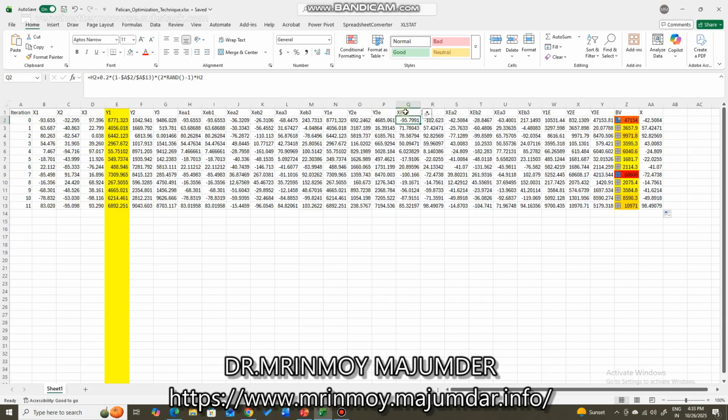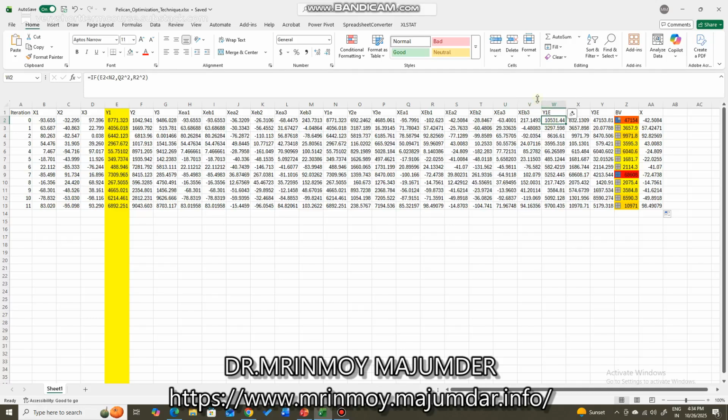Capital E is the exploitation phase, A is the first equation and 1 is agent 1, and B is the second equation, 1 is agent 1. Big E means exploitation phase. Similarly x for the second agent for both A and B, and 3 is the third agent for both A and B.